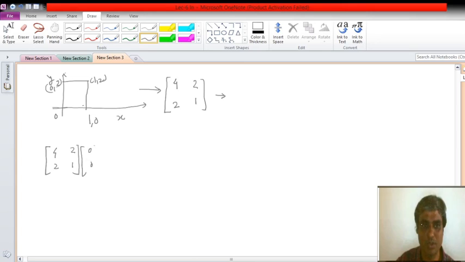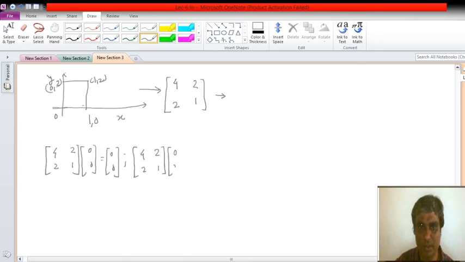What is the result? The result is 0, 0, right? Then apply the transformation 4, 2, 2, 1 onto 0, 2. What is the result? 4, 2.